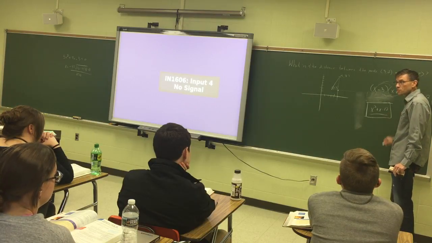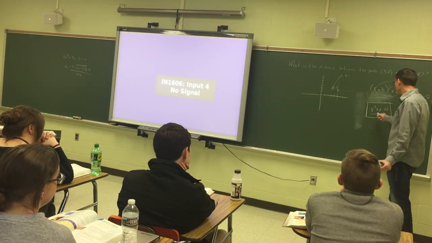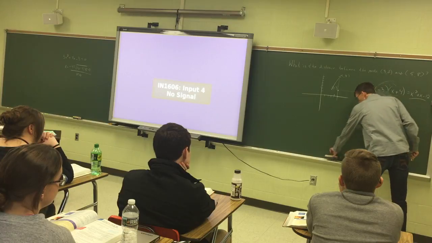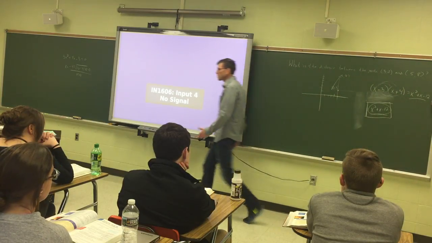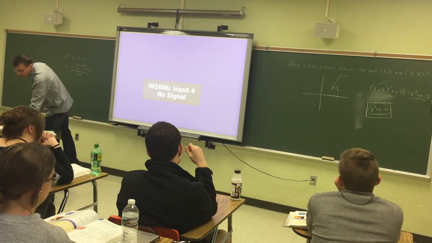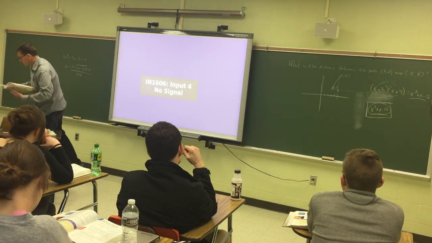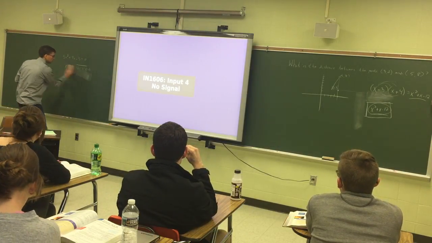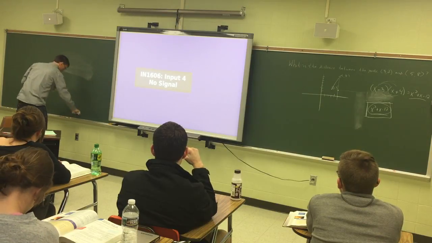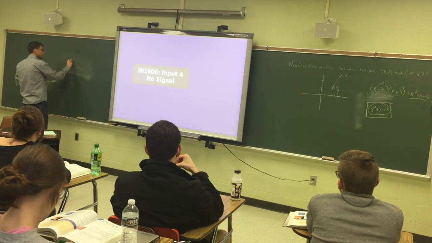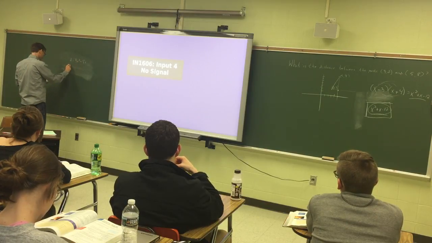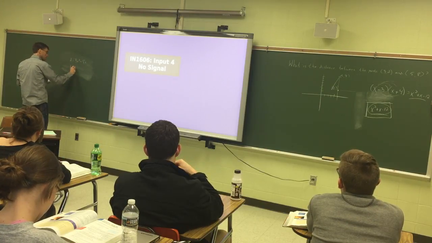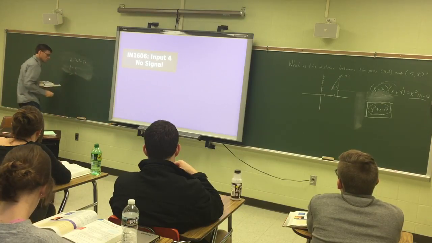So why not let them start with that and say, what's the length and the width? That's what you're doing in this problem right here. You know the area is 3x squared minus 8x, and the length is x, and what is the width?